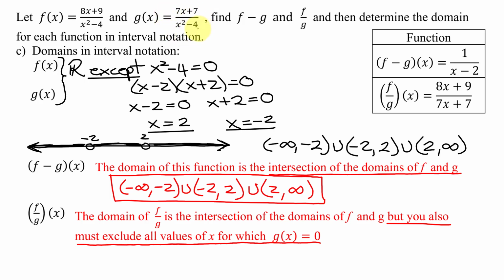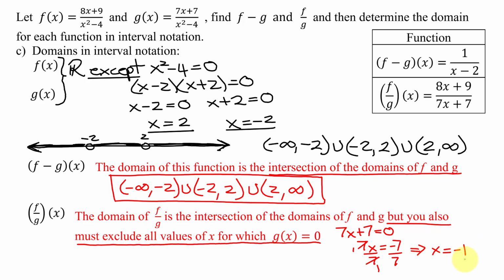Well, a fraction equals 0 when the numerator equals 0, as long as the denominator is also not 0 at the same time. So let's take the numerator 7x plus 7, set it equal to 0. Subtract 7 from both sides, we get 7x equals negative 7. Divide both sides by 7. I get x equals negative 1.